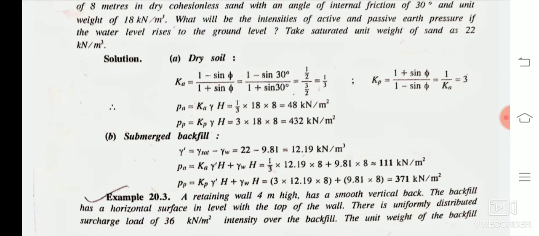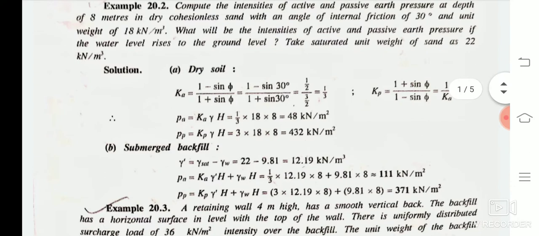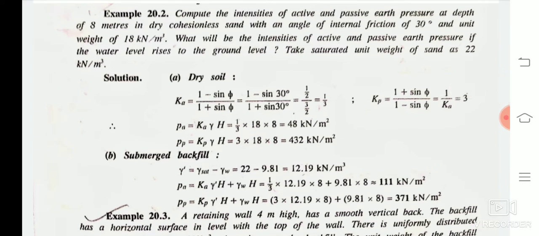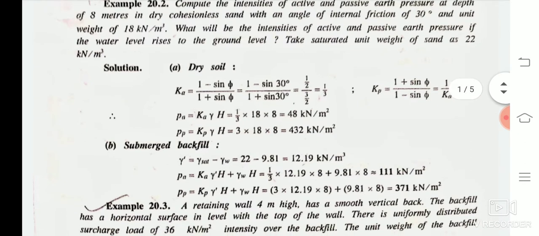Now let us find the active earth pressure, that is Pa equals Ka into gamma into H, where Ka is the active earth pressure coefficient, gamma is the unit weight of the soil and H is the height of the retaining wall. Substituting Ka as 1 by 3, gamma as 18 kilonewton per meter cube and the total height of the retaining wall as 8 meter, we obtain the active earth pressure as 48 kilonewton per meter square.